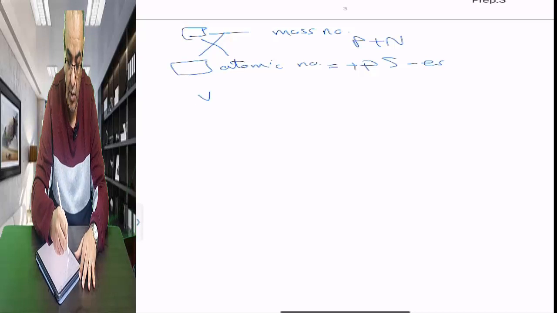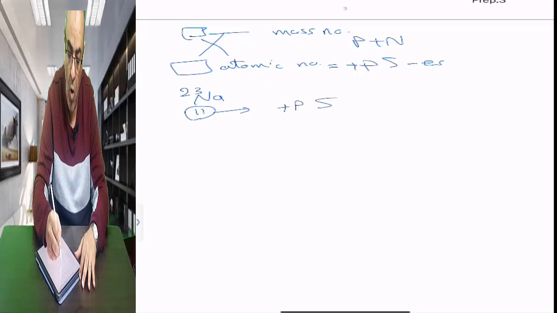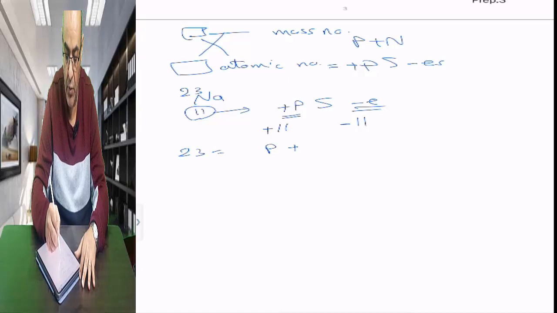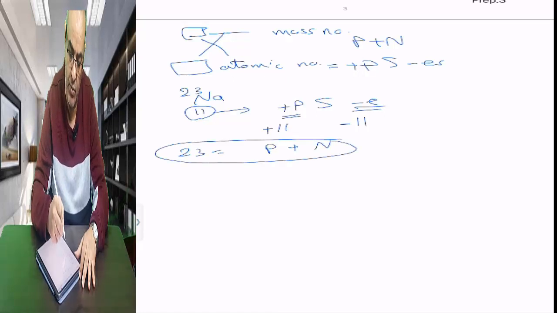If we talk about sodium 11,23, the atomic number refers to positive protons or negative electrons. So this atom contains, you are right, 11 positive protons and 11 negative electrons. And mass number 23 is the sum of protons and neutrons. So the summation of protons and neutrons is 23.